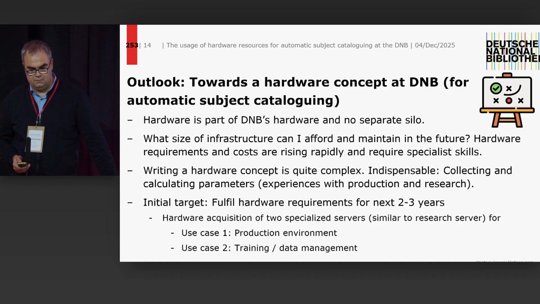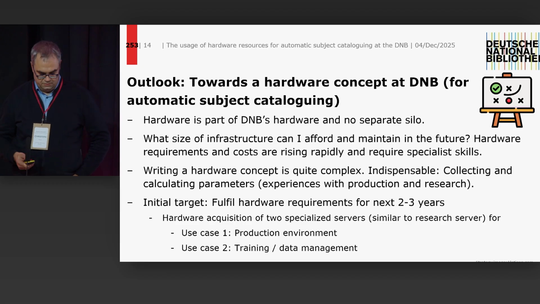With the experience of our AI project and our current productive hardware solution, we decided as a first step to acquire new infrastructure, I mean two servers for automatic subject cataloging with modern GPU cards. This investment will serve to fulfill the requirements for the next, I think, two or three years, and then we have to improve.